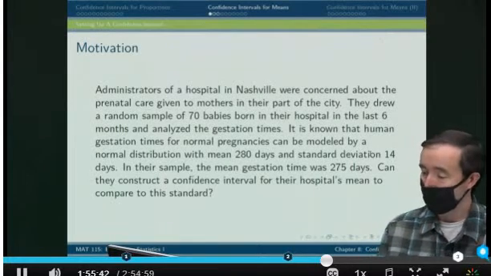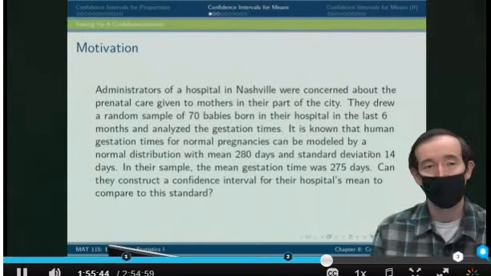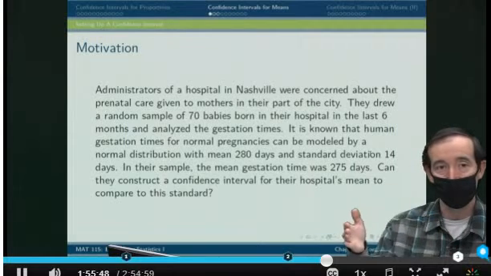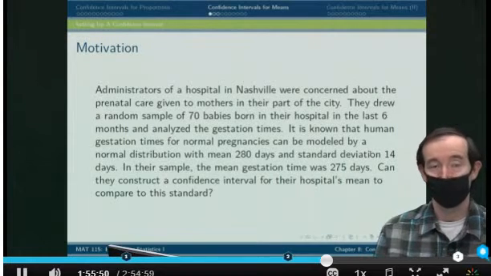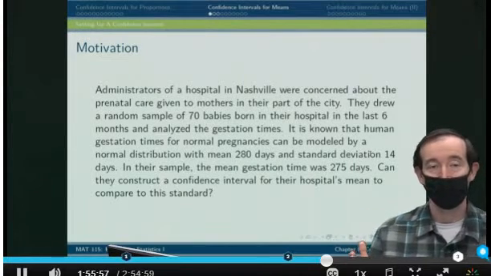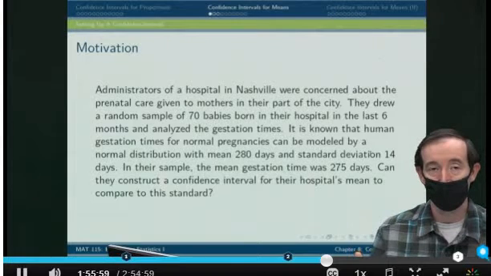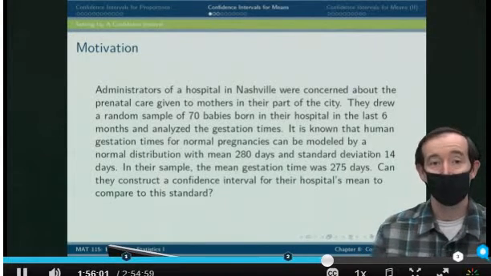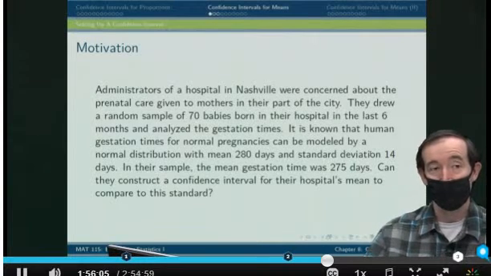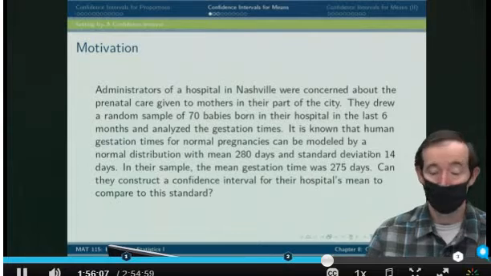Okay. Well, here, if we want a 95% confidence interval, what we're going to do is construct a margin of error built on 1.96 standard deviations above the mean and below the mean to feel 95% confident that we've captured the true value. The difference is we have to think about what the standard error for the mean is, and that's it. That's actually all we have to do here.